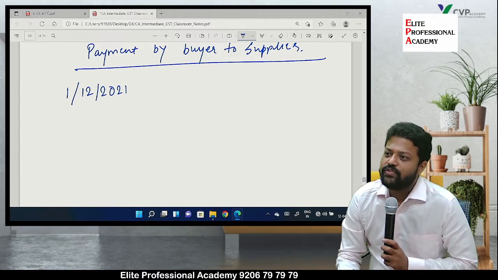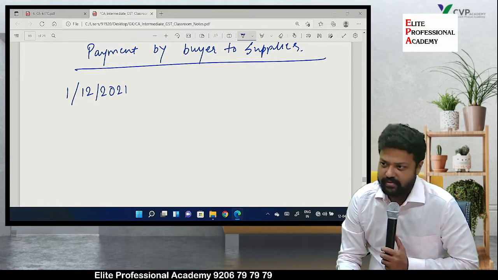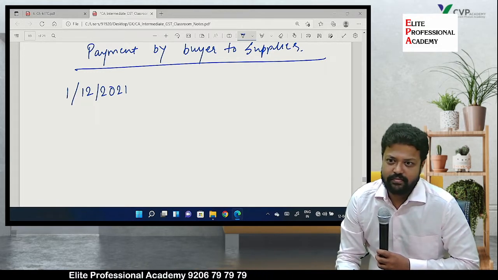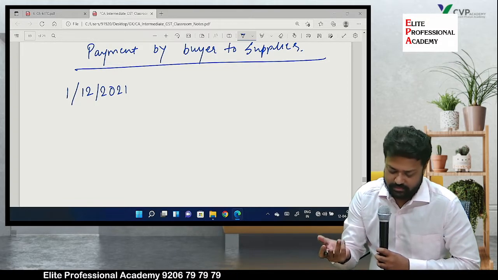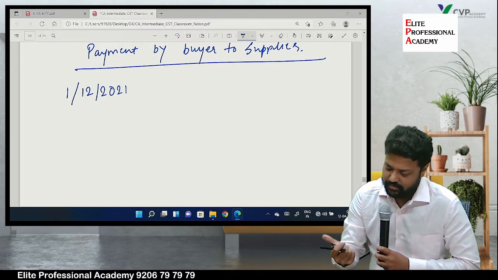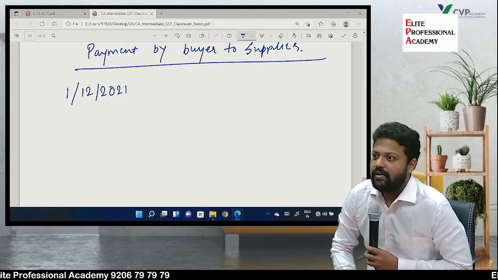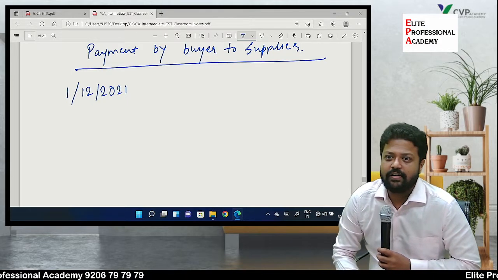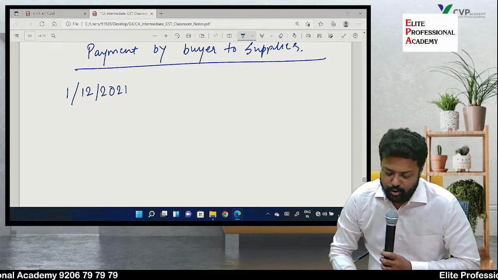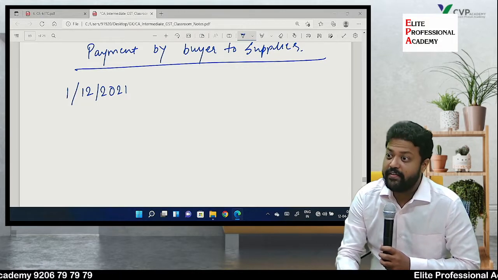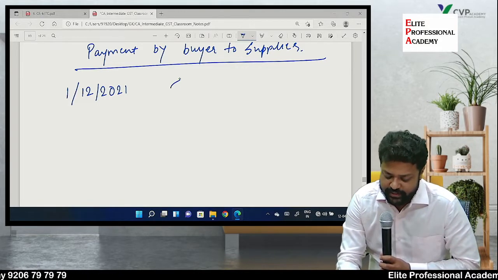First December 2021 is the date of the invoice.